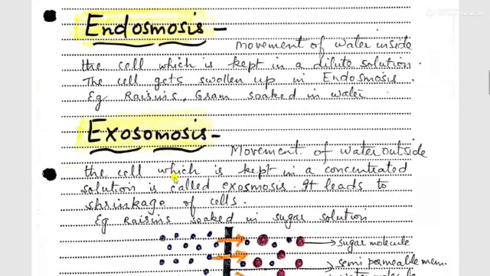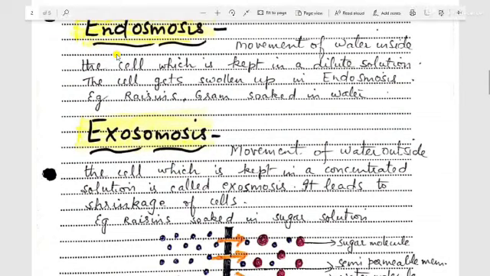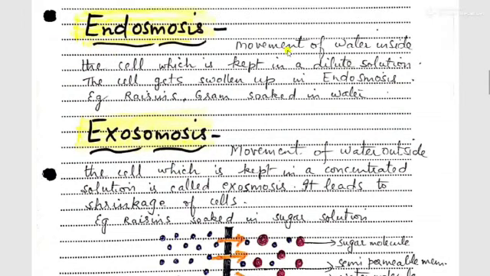What does this mean? Let us see. Endosmosis means movement of water inside the cell which is kept in a dilute solution. So when a cell is kept in a dilute solution, it means outside there is more water and inside the cell there is less water.